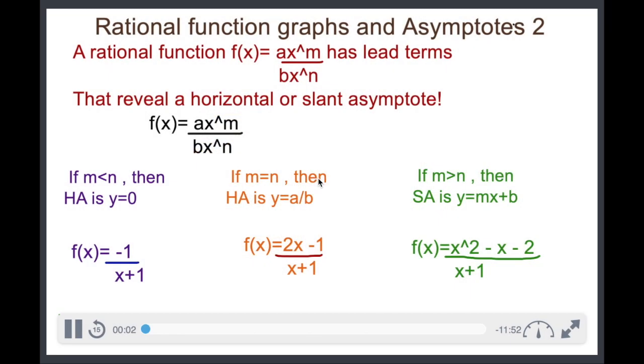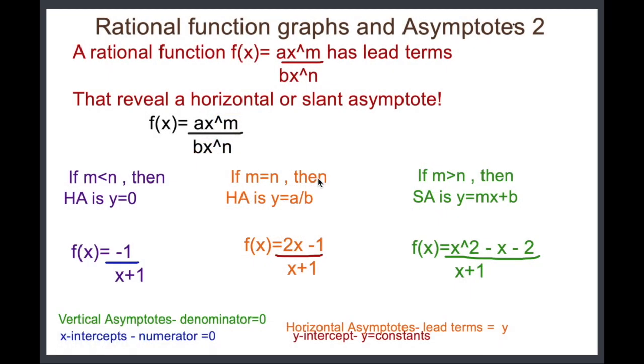This is the second part of the rational function graphs and asymptotes, particularly the horizontal asymptote. You'll notice that I have some examples here at the bottom of the page where the lead term is where the horizontal asymptote comes from.